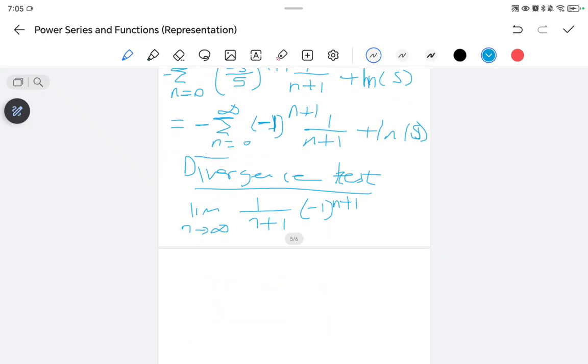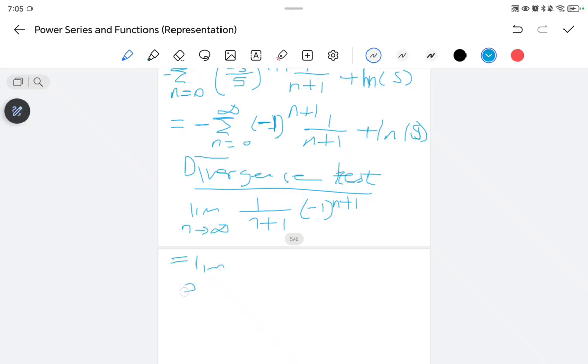This one, (-1) to the n plus 1, will oscillate between minus 1 and 1, if I'm not mistaken. Yes, it's correct.